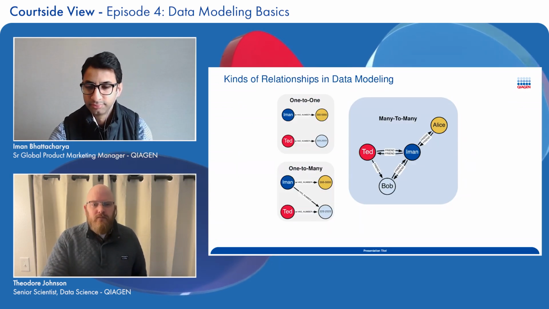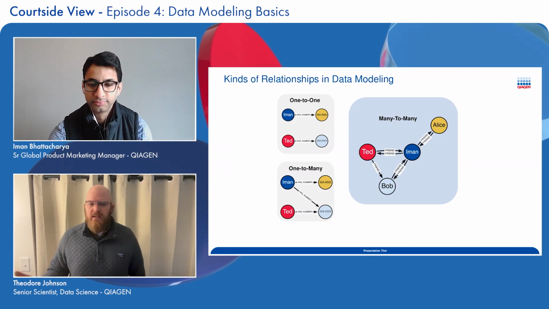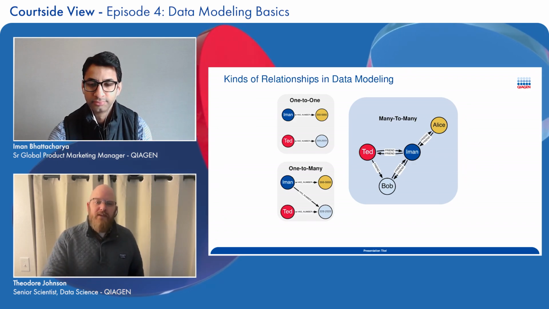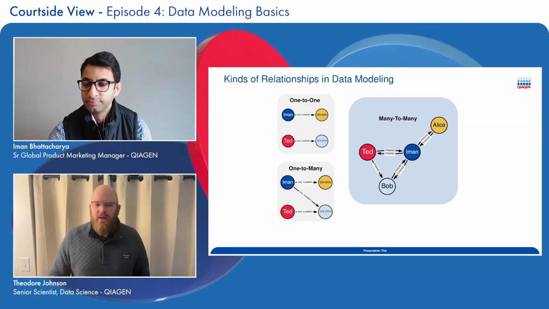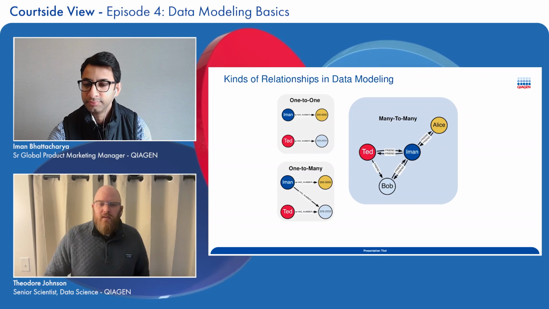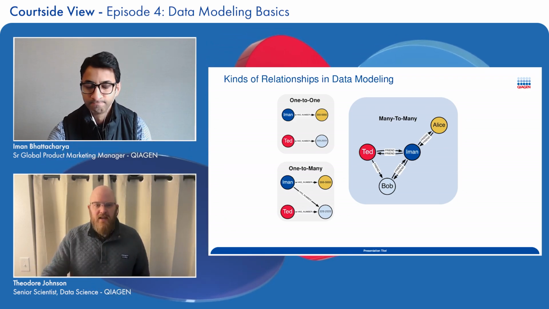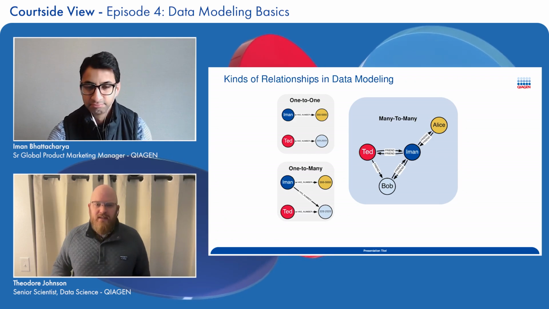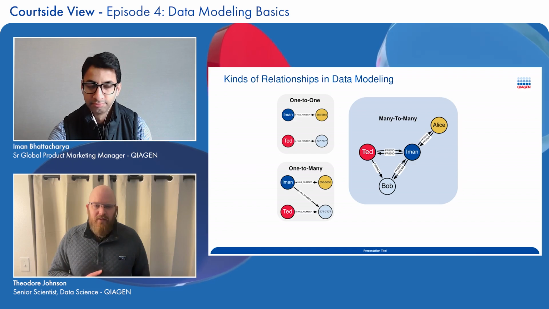But you might also have this idea of a one-to-many relationship. So maybe if we're still thinking about Iman and Ted, maybe these are our phone numbers, and Iman and I have the same office phone number. You might call QIAGEN headquarters, but Iman also has his mobile phone that you might call him on when he's traveling.